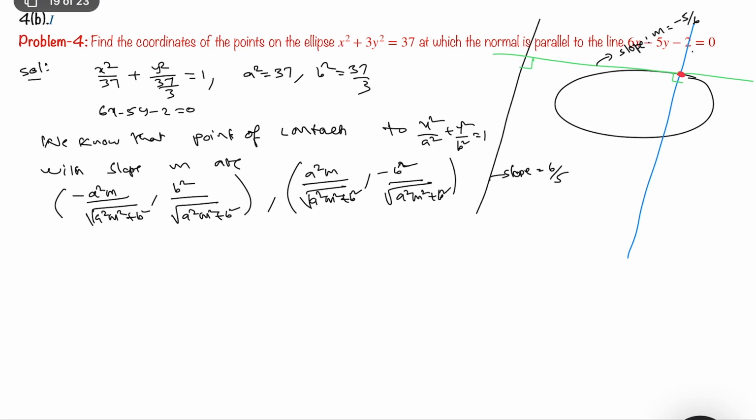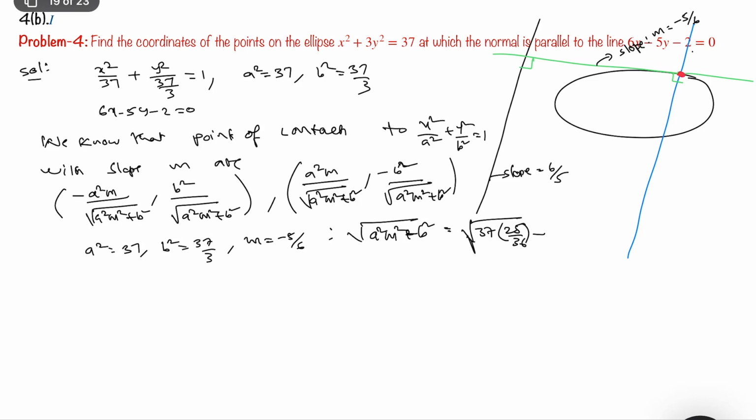Here a square value is 37, b square value is 37 by 3 and m value is minus 5 by 6. First let us see the under root a square m square plus b square value. It's going to be under root of a square value 37 times m square value 25 by 36, plus b square value 37 by 3.